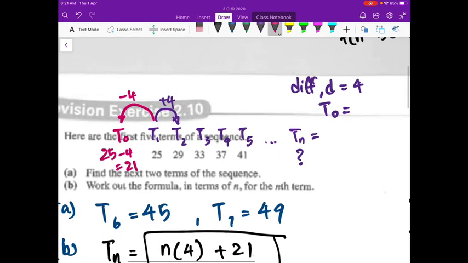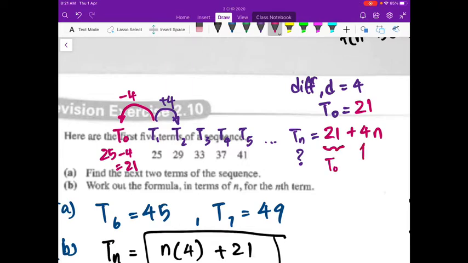Okay, so this is 21. Once you know these two things, once you know term number 0, which is go backwards, as well as the difference of 4, the answer, very simple. Tn equals to 21 plus 4n. Why? This is just term number 0.